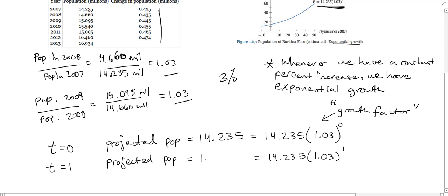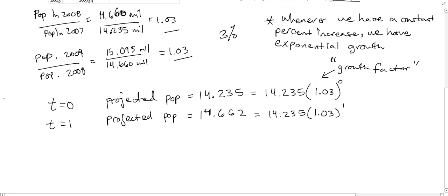If you plug that in, you get 14.662. Our actual value was 14.660 back here. So it's a little bit different, but this is a very good estimate for this population using this format for our exponential function.